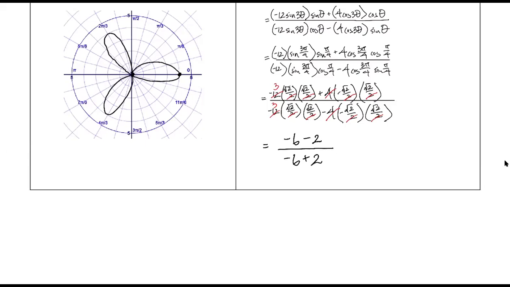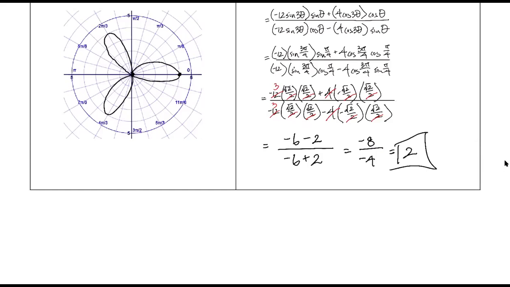Right, so that was kind of the worst step, once we filled in all the numbers. It just looks like a lot because you have a lot of roots in there. But if you reduce things, they do generate nice numbers, okay? And so when we simplify, we get negative 8 over negative 4, which gives us a slope of 2. All right.